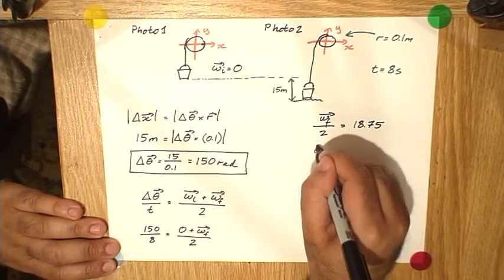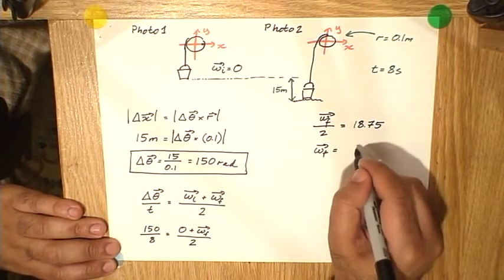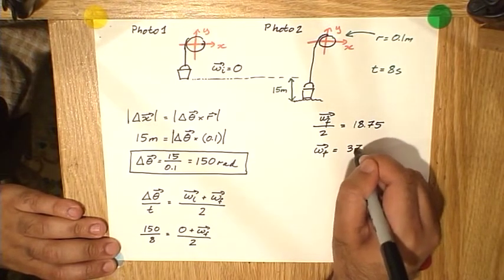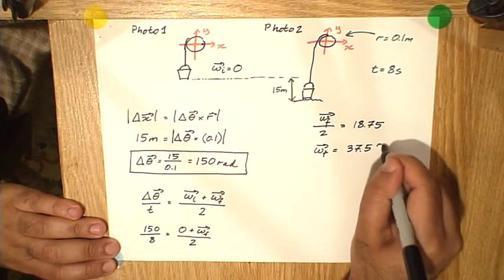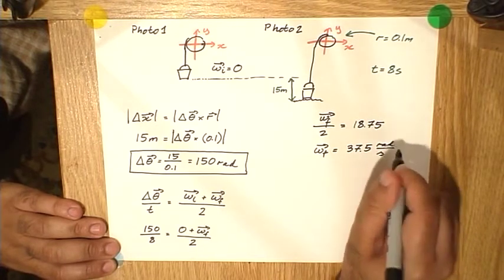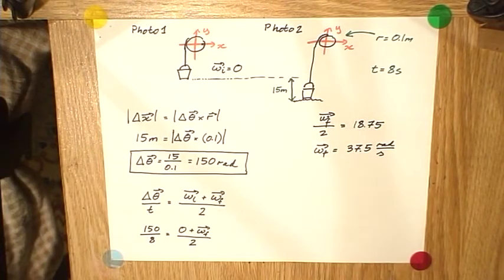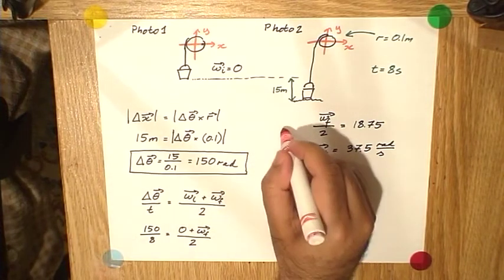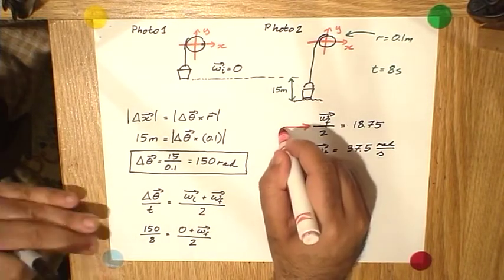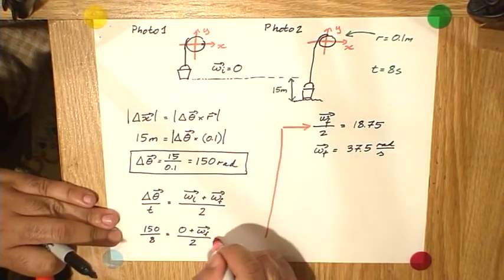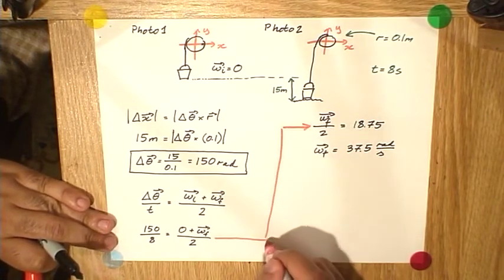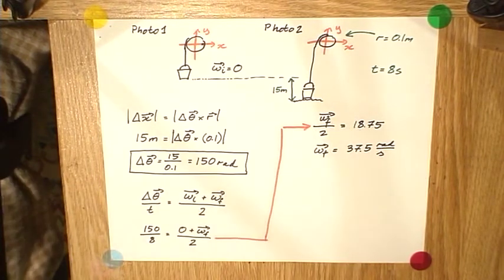So that means that omega final must be twice that, which is 37.5 radians per second. So this then is the final velocity of the wheel as it rotates.